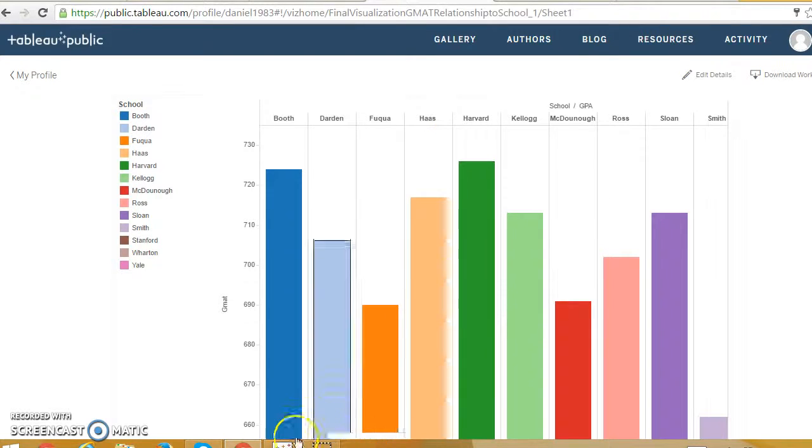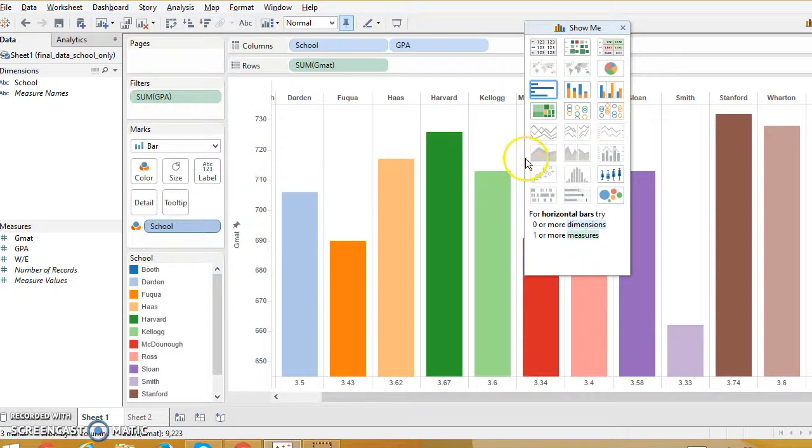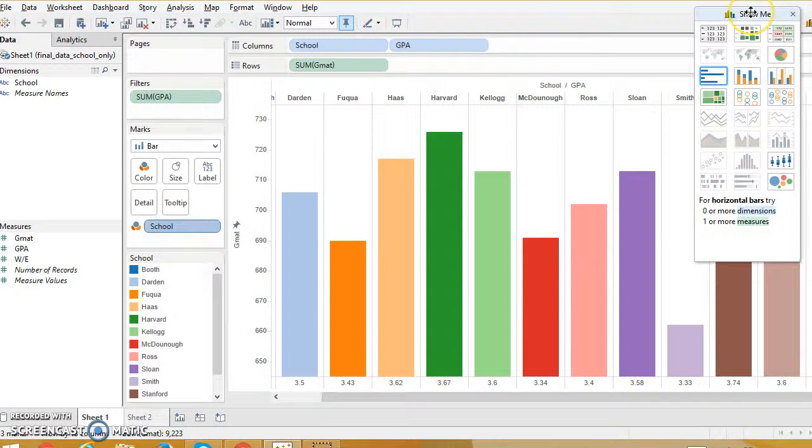Here I used Tableau for my visualization. I used a horizontal bar as my graph type. For my version of this type of graph, I used school as my dimension, and GMAT and GPA as my measures.